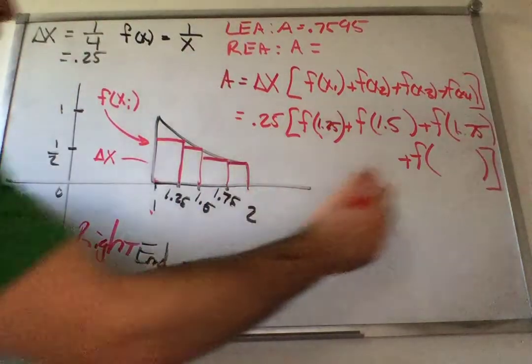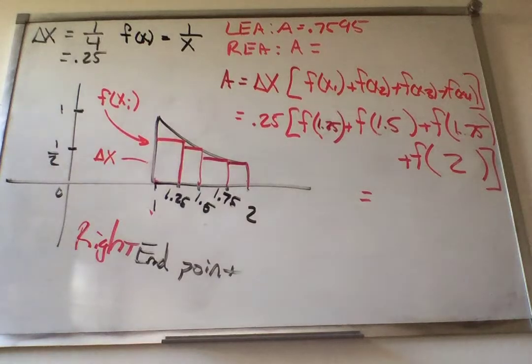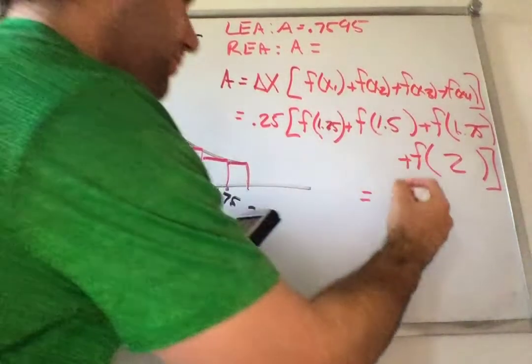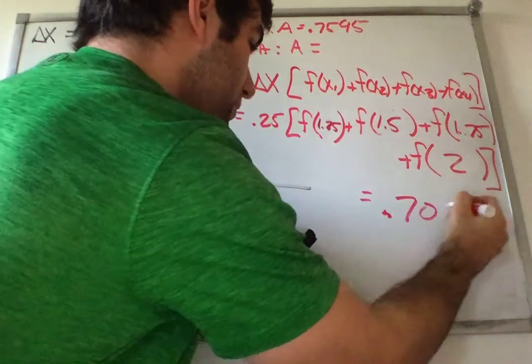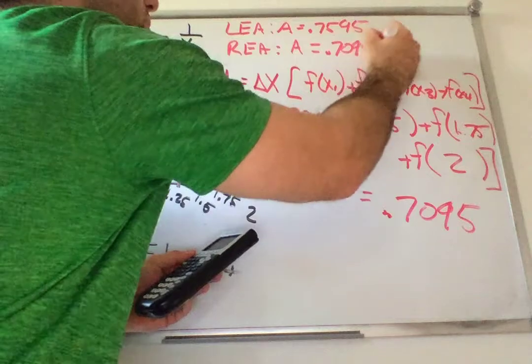And then you use the 2 for the very last endpoint. So again, plugging this in on the calculator in a very similar way, you get 0.7095.